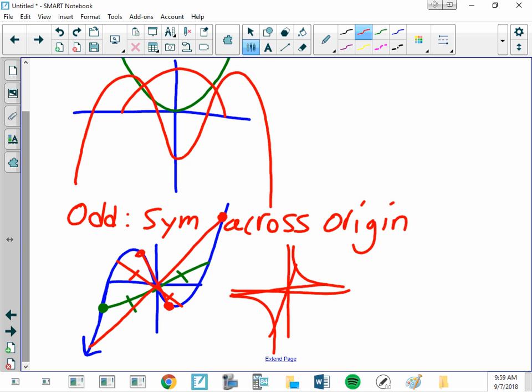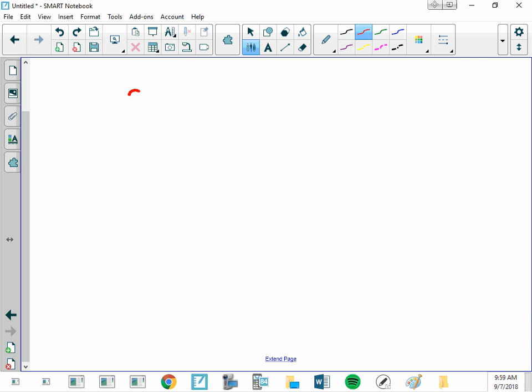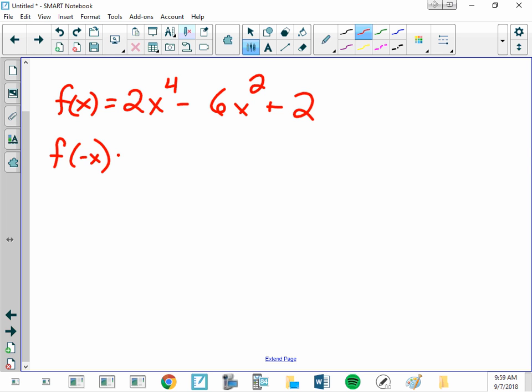What about polynomials? How do you tell if a polynomial is even or odd? So let's say I had 2x to the 4th minus 6x squared plus 2. Let's plug in negative x. F of negative x: 2 times negative x to the 4th minus 6 times negative x squared plus 2.